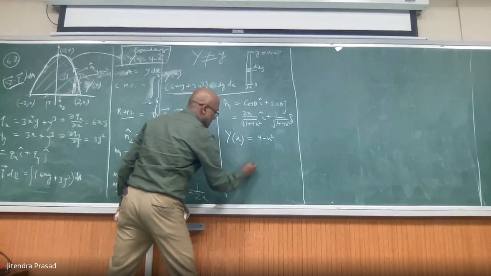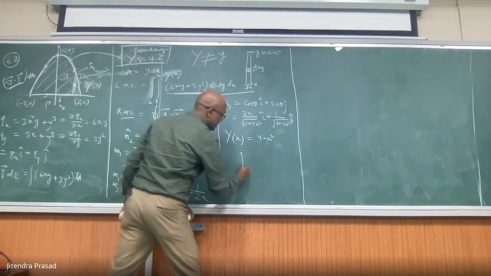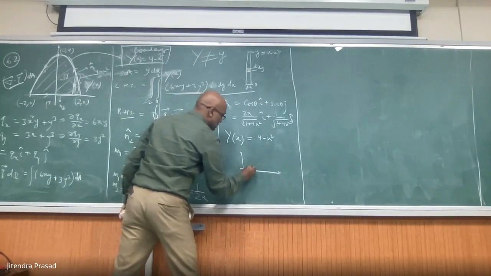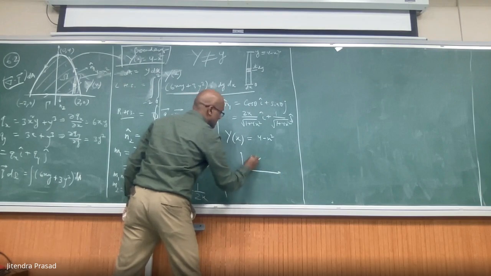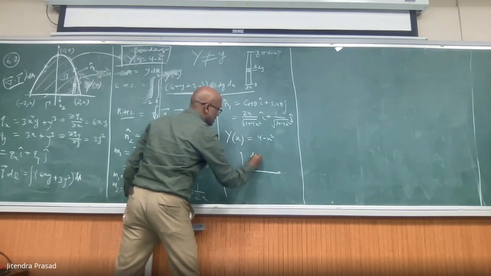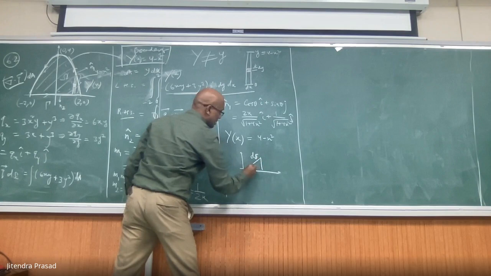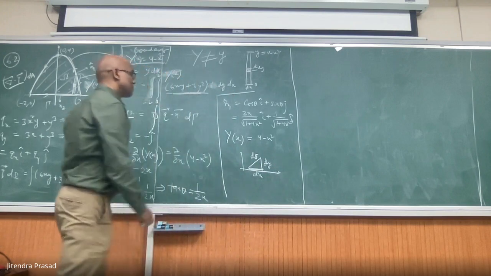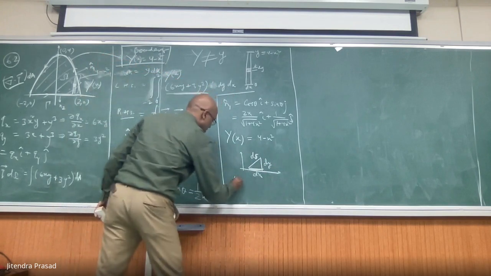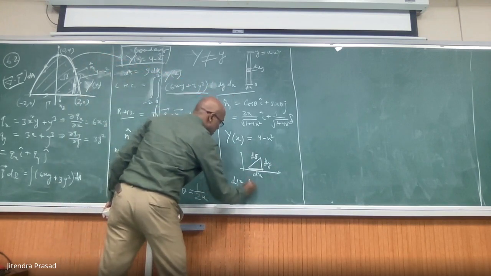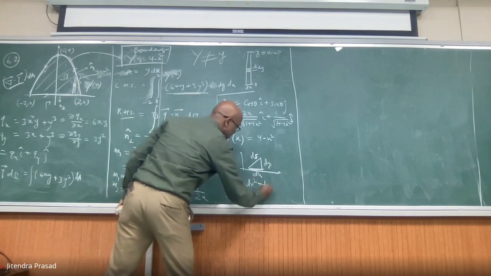So basically, how do you do it? If you have a curve, let us say, with ds here, and you have from here to here, this is dx, dy, right? So ds is equal to root of dx square plus dy square.